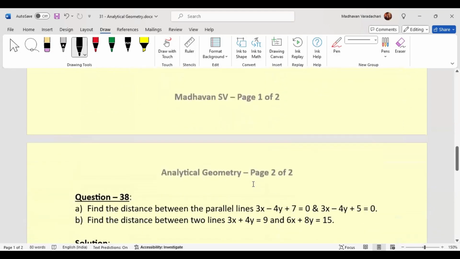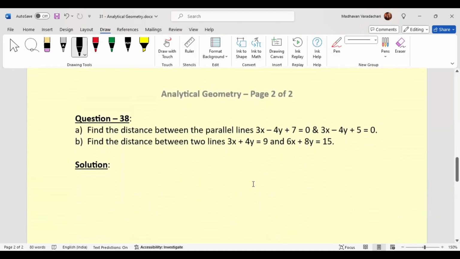So now let us do one problem related to that. Find the distance between the parallel lines 3x minus 4y plus 7 equal to 0 and 3x minus 4y plus 5 equal to 0.